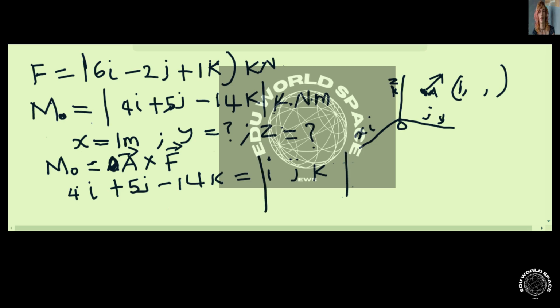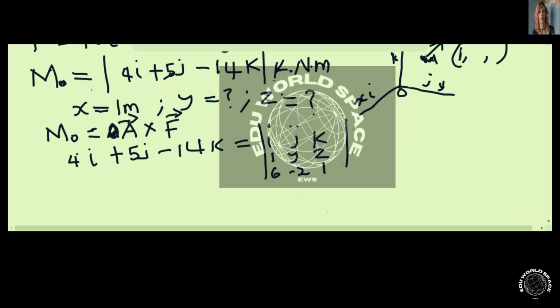Under it, we put our position: along the x-axis it is 1, but we don't know y and z. For the force, it is already given as 6, minus 2, 1. So these are all the values, and we use the determinant method to solve this.